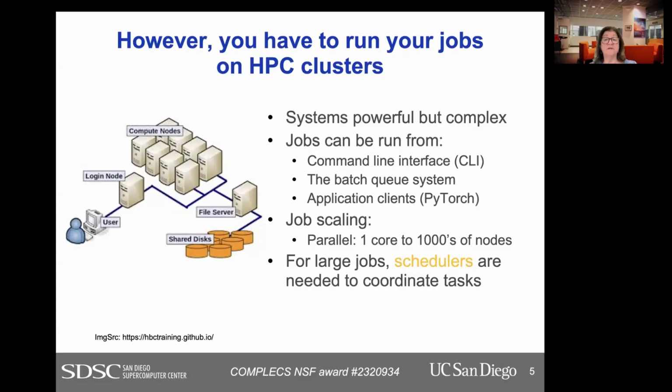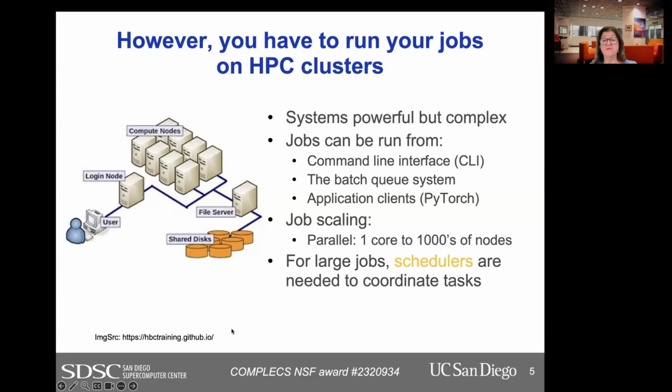Or there are application clients like PyTorch and TensorFlow. A lot of you working with machine learning would recognize those. So there are different ways that you can run your jobs on these big systems. Jobs scale from one core to thousands to tens of thousands of nodes, depending on what system you're in. So they're all different scales and different memories as well.